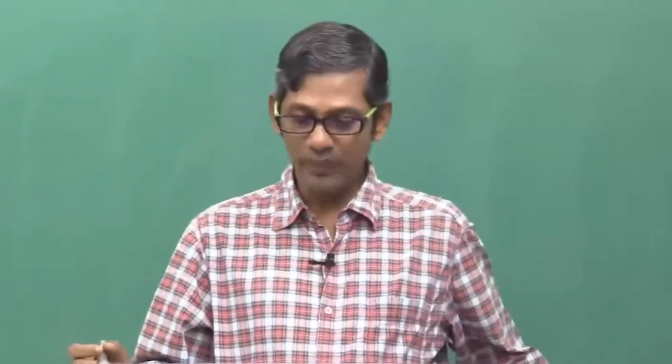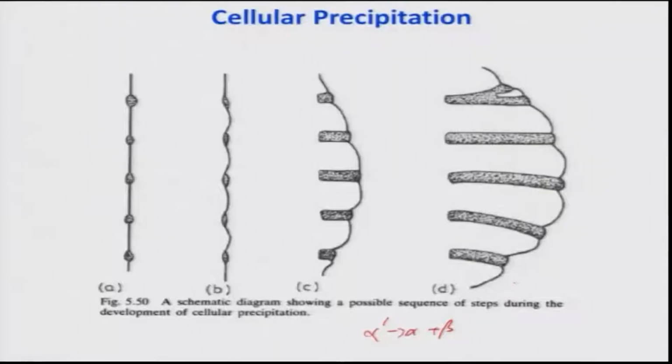Now obviously this kind of precipitation happens by formation of these precipitates on the grain boundary. The precipitate starts forming on the grain boundary, and as these precipitates grow, the leading edge of the precipitates requires solute partitioning, because the precipitate has a different composition compared to the grain, which is a supersaturated solution, because it has formed in a different way, which we will discuss in a moment's time.